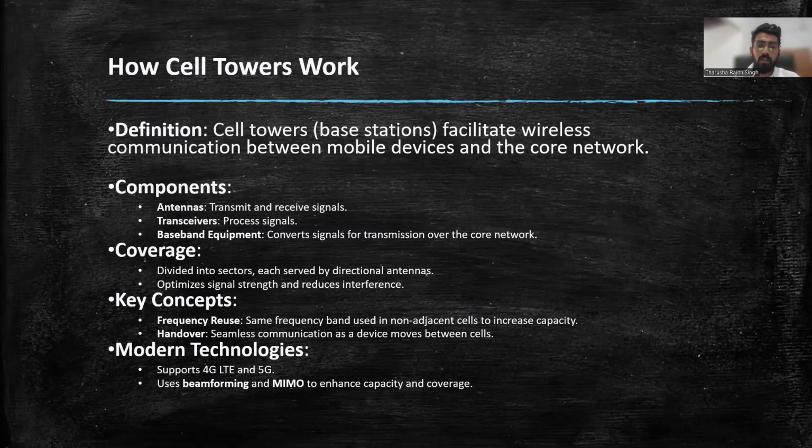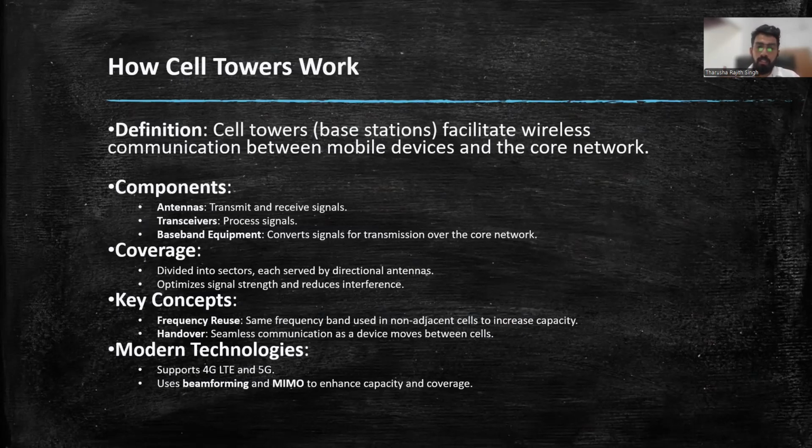The coverage area of a cell tower is divided into sectors, each served by directional antennas. This helps optimize signal strength and reduce interference. So, how does a cell tower work? When a mobile device initiates a call or data session, it sends a signal to the nearest cell tower.